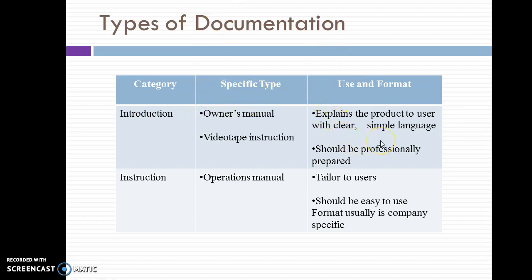It explains the product usage to the user in clear and simple language. Video instruction can be professionally prepared. An instruction manual is an operational manual where ease of use is given.